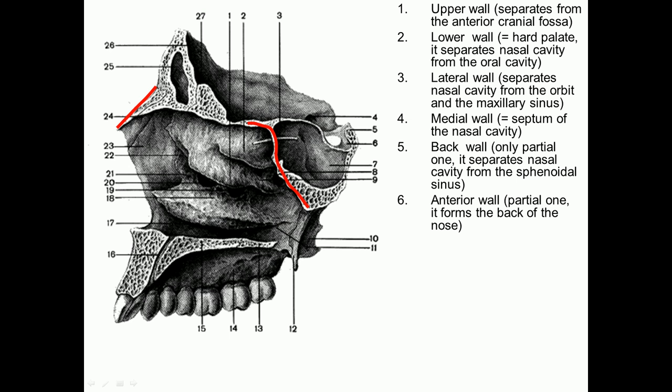So, six walls. Of the six walls, the anterior and posterior are partial. They do not close the nasal cavity completely, but have a space through which air can enter the nasal cavity and exit from the nasal cavity to the nasopharyngeal cavity.